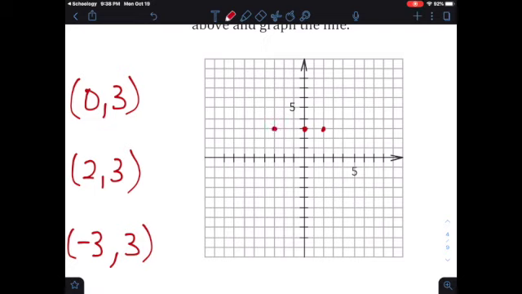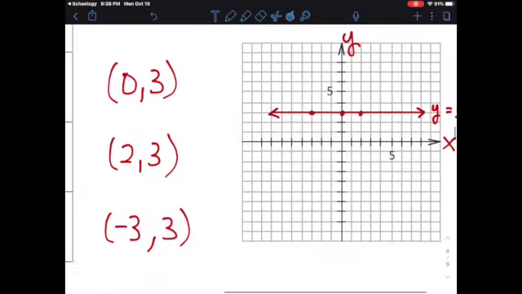So therefore, to connect your dots together, you do have a horizontal line. And that is going to be crossing the y-axis at 3. That's the way I will say it. Crossing the y-axis at 3.